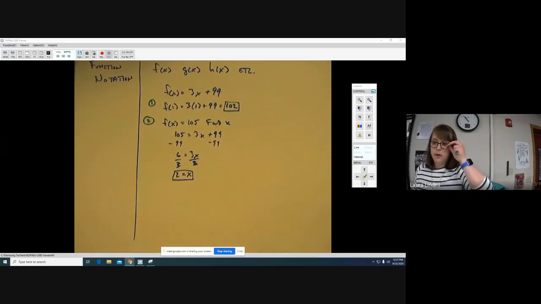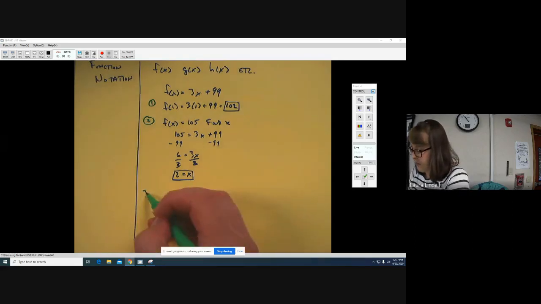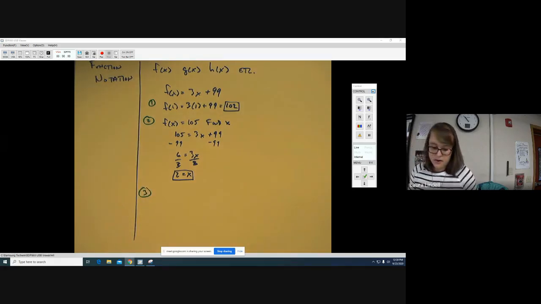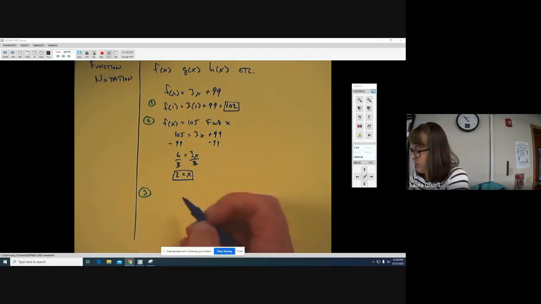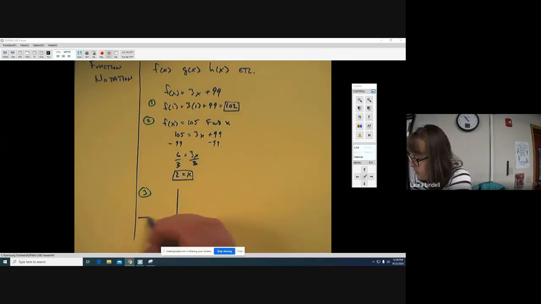The other thing that we want to be able to do concerning function notation and evaluation of functions is take a graph and be able to evaluate a function based on a graph. So let's say we had something like this.